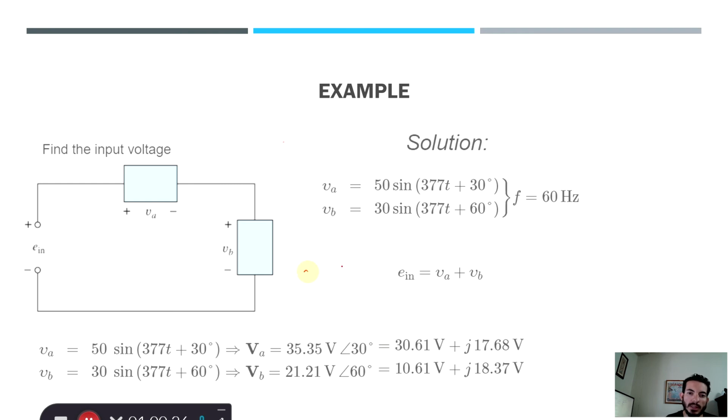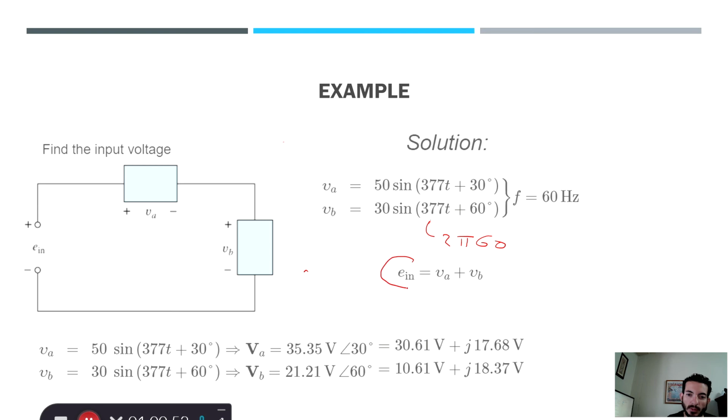Then they tell us that the second voltage is 30 volts sine of 377 t with a 60 degrees offset, and this is because it's 2 pi times 60. This computation gives you 377, around 376 point something, and you can round it.